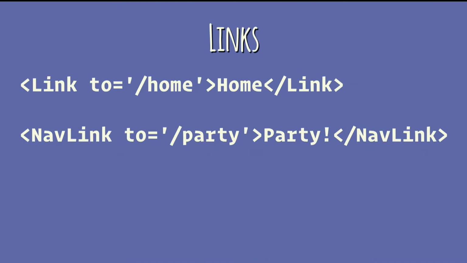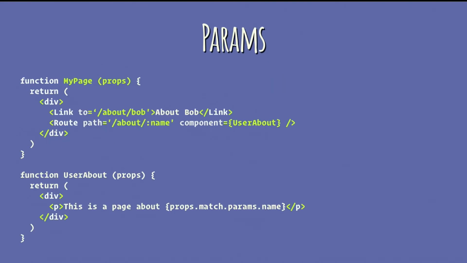So you don't have a route for /messages/44 and another route for /messages/45 and all the other possible IDs that you could ever have, right? That just doesn't make any sense. So you would have it match something like /messages, but then you need to be able to get that ID out of the URL. And for that, you have params.